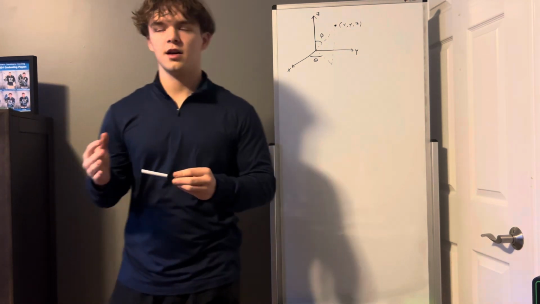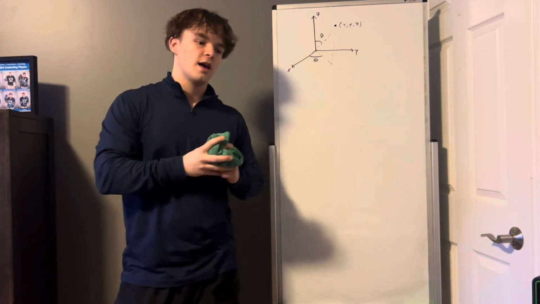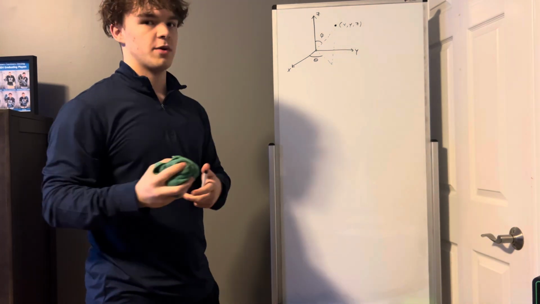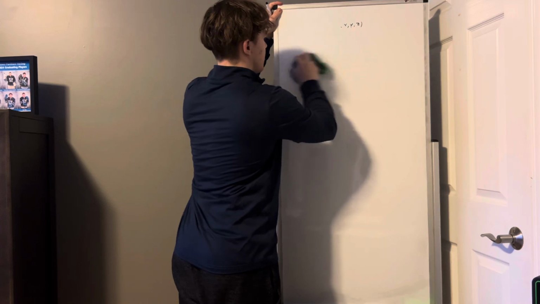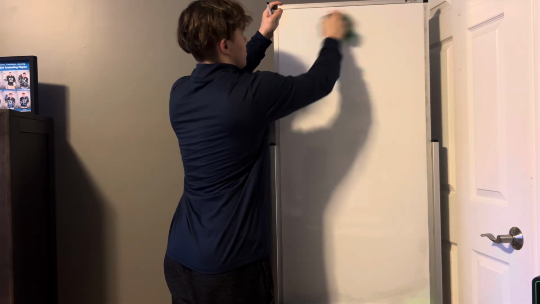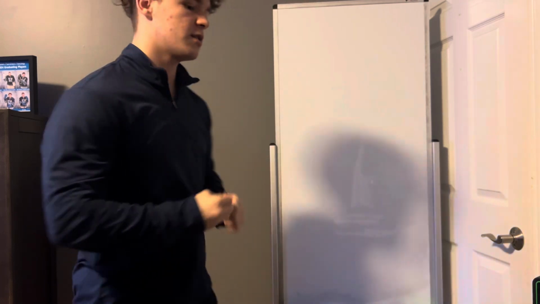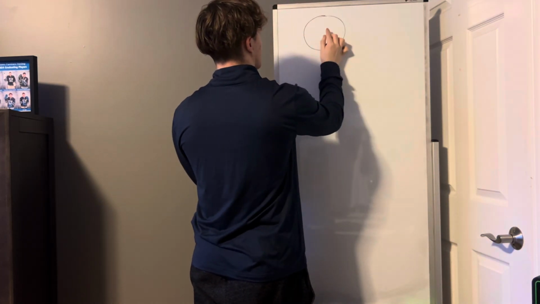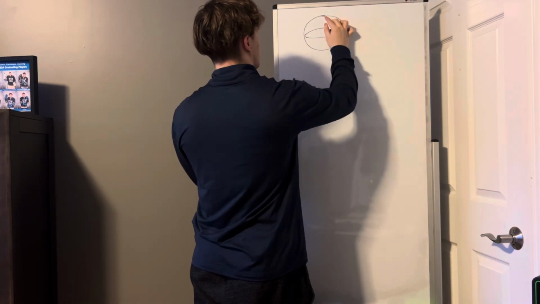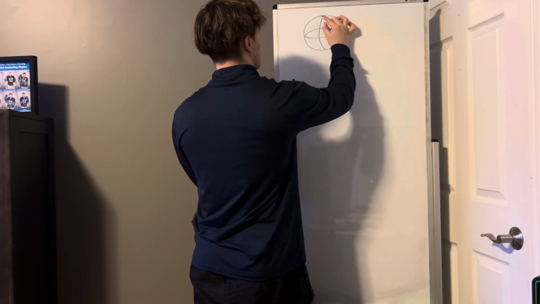But now that we understand 3D space, let's talk about some 3D shapes. So first shape we have is a sphere. They're kind of hard to draw.